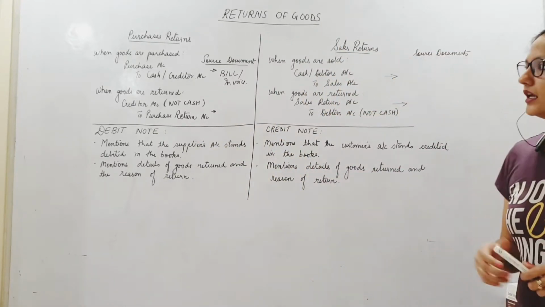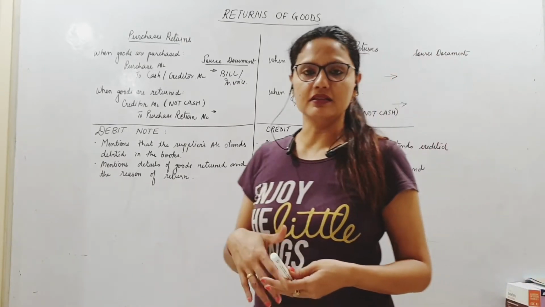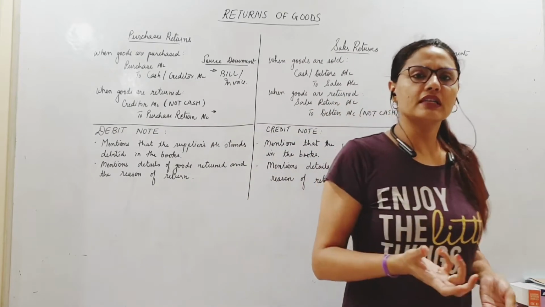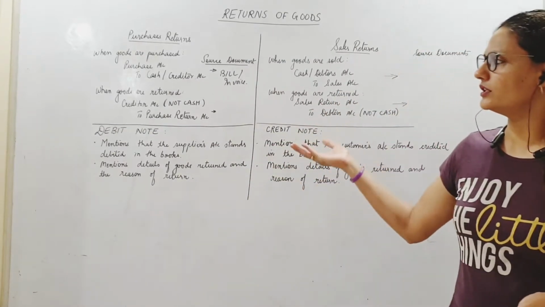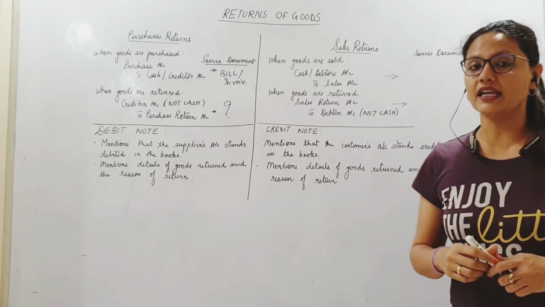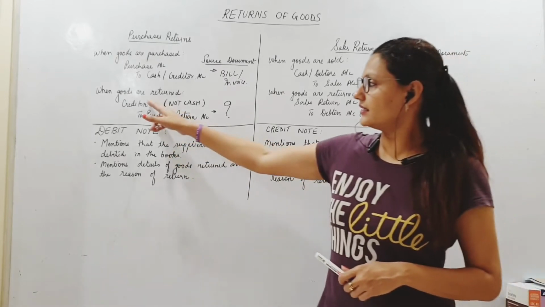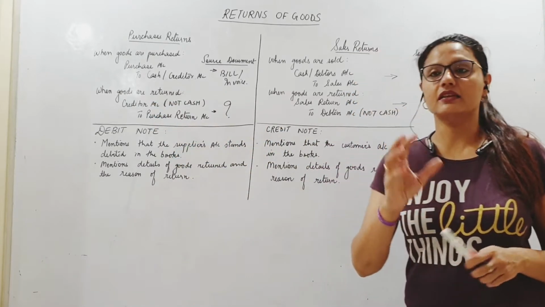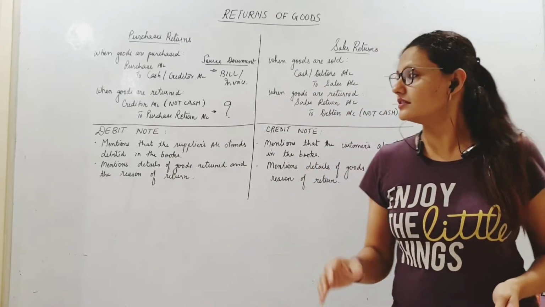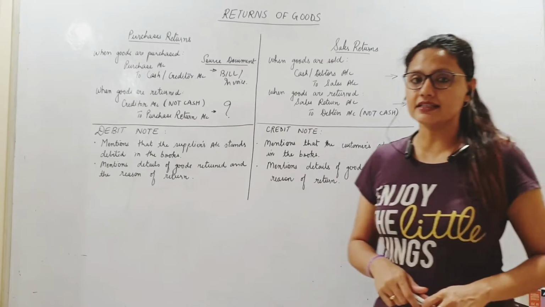Now, when I return goods, of course, there will be no bill, right? Bills are when we purchase or sell goods. So what is the source document that I will use when I return goods to my supplier? I will have to pass this entry: creditor's account debit, meaning to whoever I am giving these goods, I will have to debit that person, and I will credit purchase return because this is a decrease in my expense.